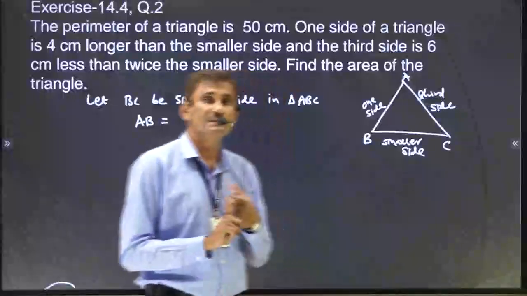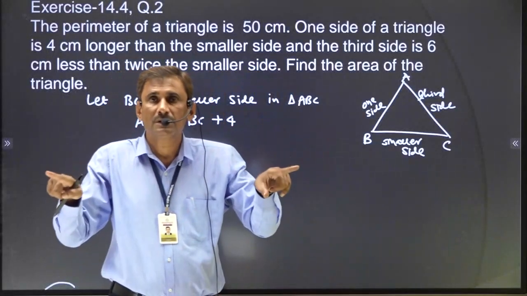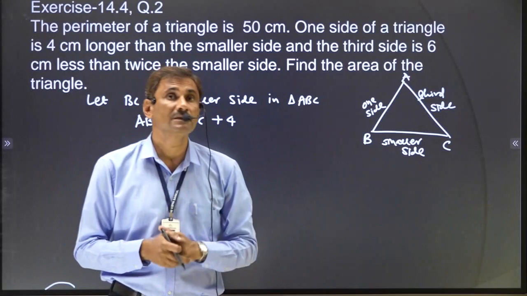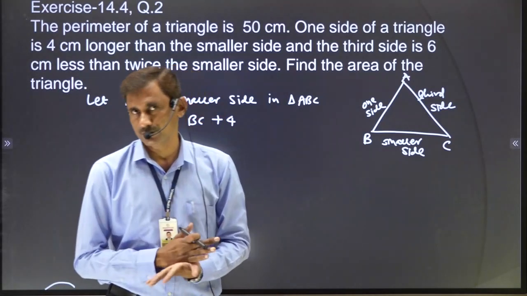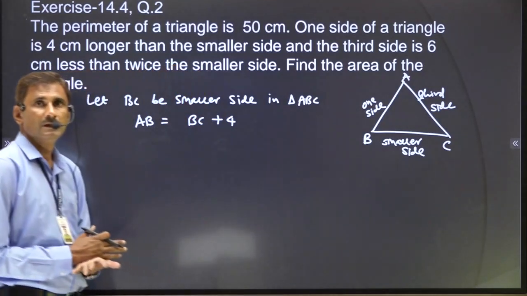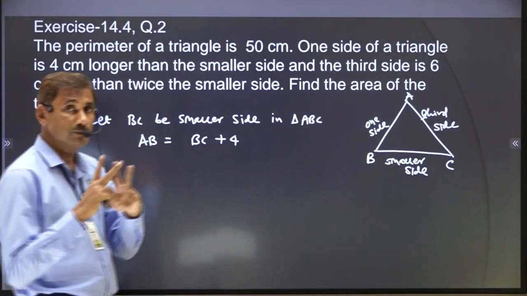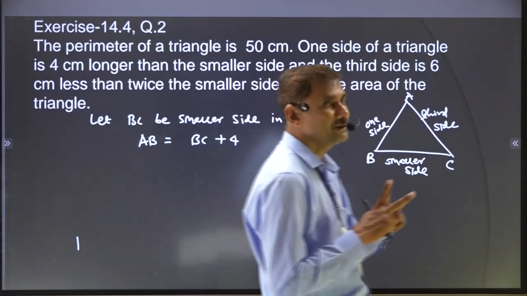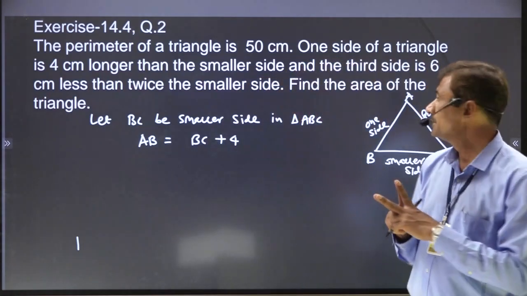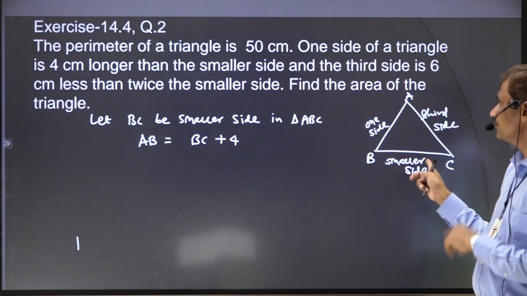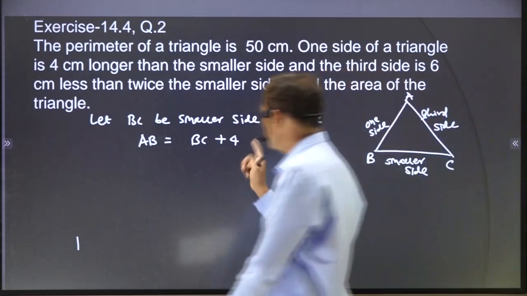In both relations, whichever side is repeating, that side is to be supposed. Here the smaller side is repeating in both, so I suppose BC.